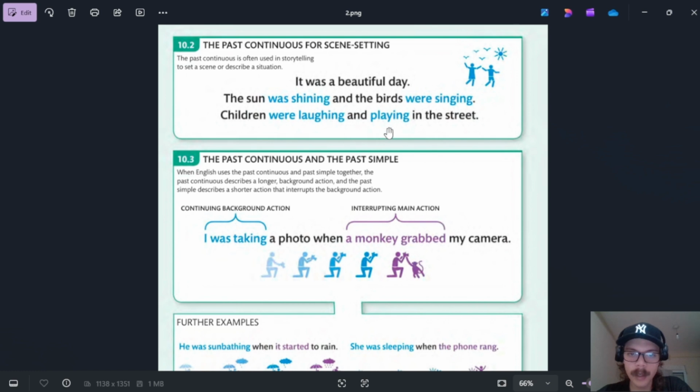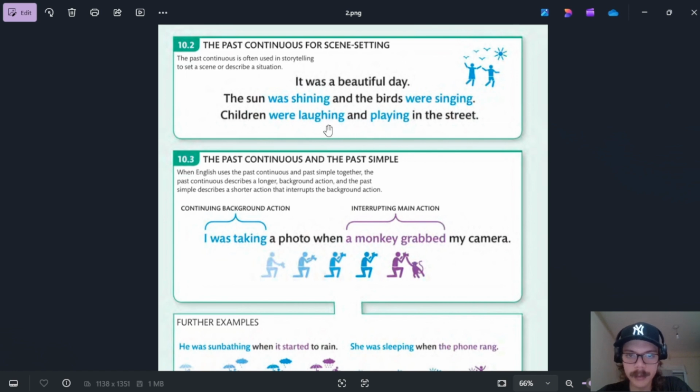The reason why we have 2 verbs is because the children were doing 2 actions at the same time. So if you're describing one thing that is doing multiple actions simultaneously, you can create a list. In this case, there are only 2 actions, so we connect both of them using this connector, and.